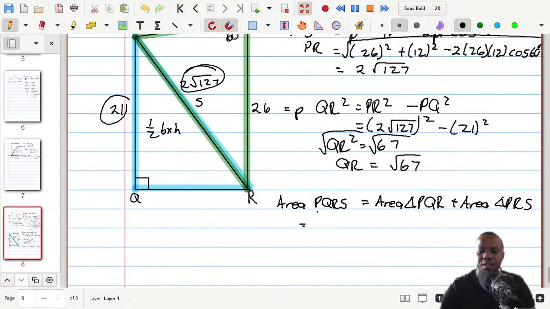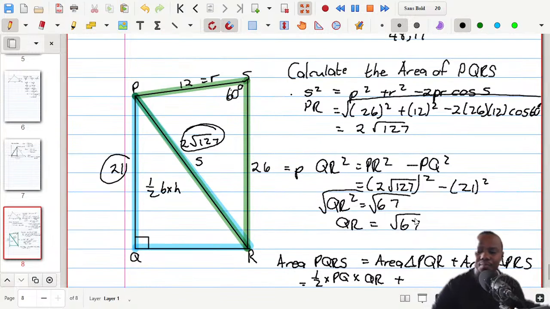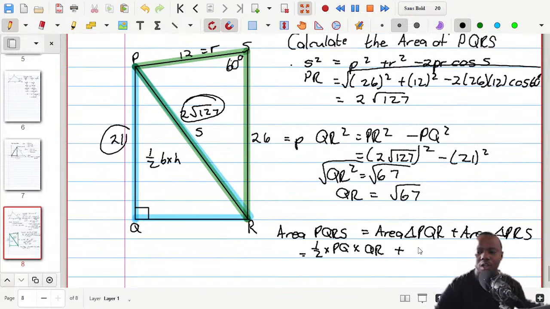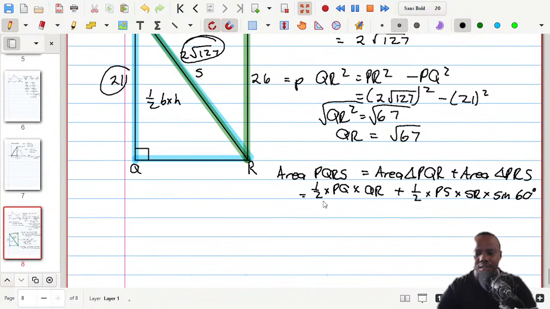For the area of triangle PQR, this is half base, which is PQ, times perpendicular height, which is QR, plus, for the area of triangle PRS, I'm going to use the area rule. So this is 1 over 2 times PS, my two sides, times the sine of my included angle. Let's substitute this. For PQ, this is 21. For QR, that's the square root of 67 plus 1 over 2 times PS.